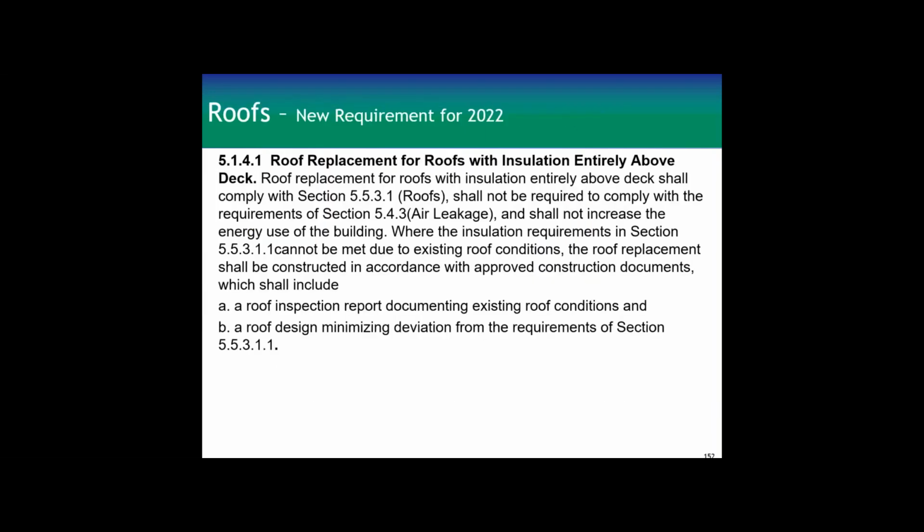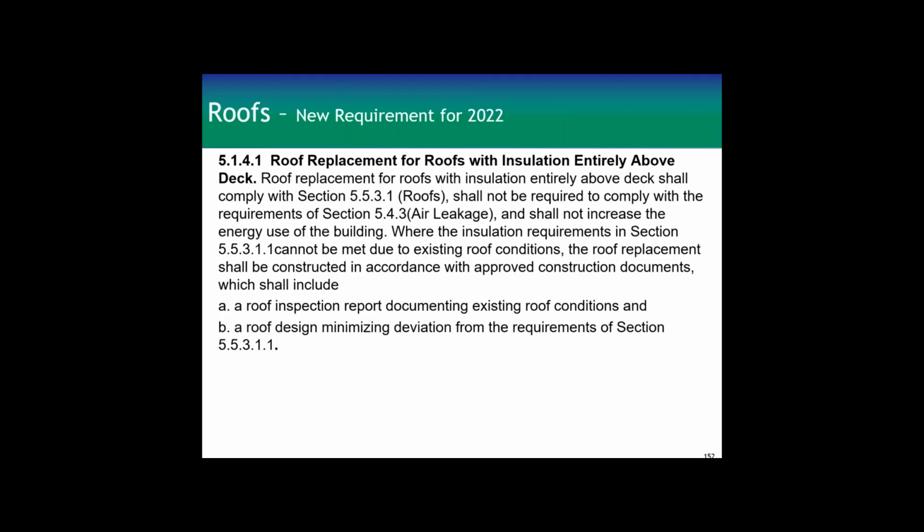So this is a little change, but it's something that was needed to explain roof replacements. Roof replacements where the insulation is entirely above deck shall not be required to comply with the general requirements for air leakage and replacing the air barrier and doing all this other stuff, as long as it doesn't increase the energy use of the building.